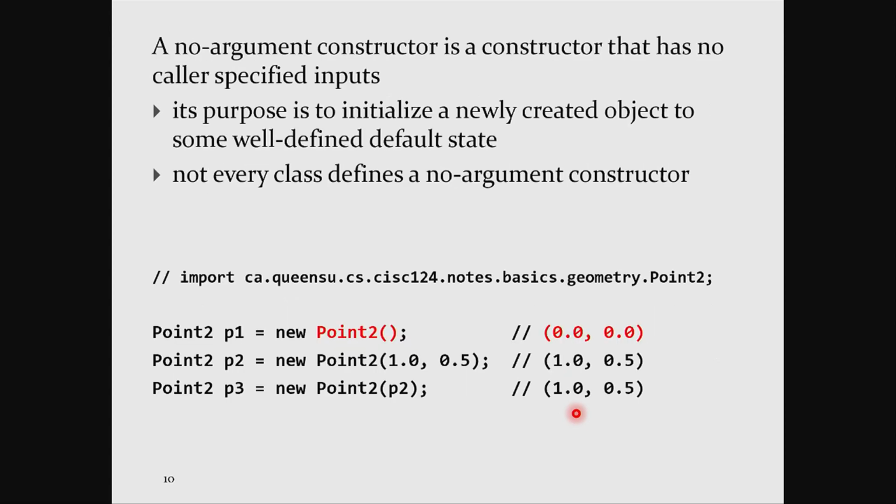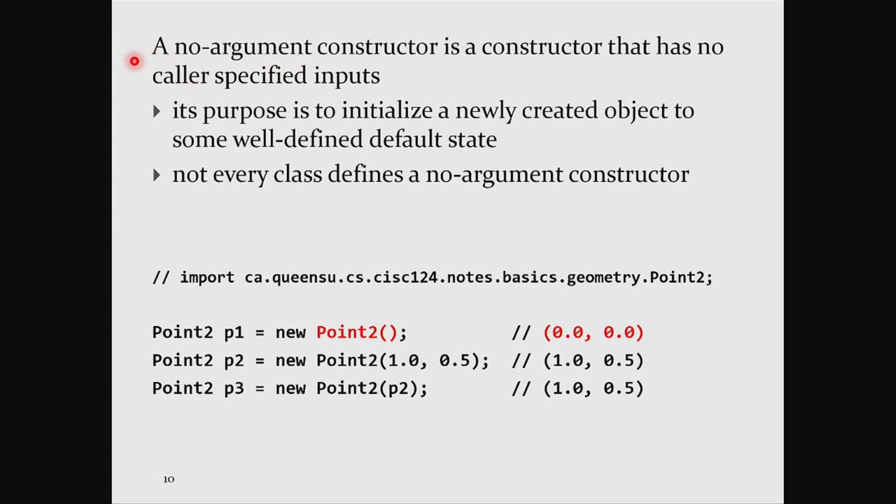There are really two special types of constructors, and then there's everything else. The point2 example shows you examples of all three types of interesting constructors. First, there's something called the no argument constructor.